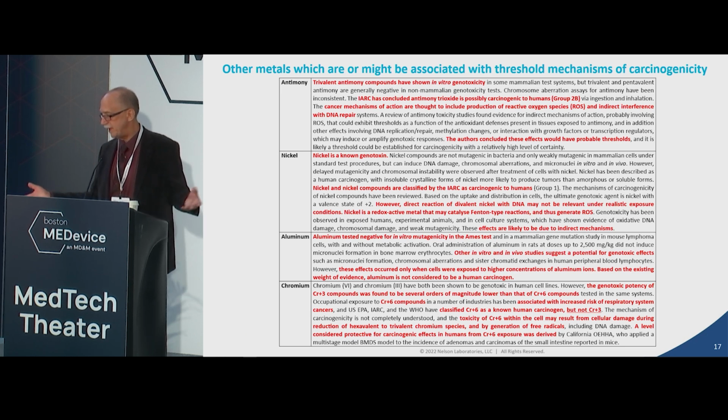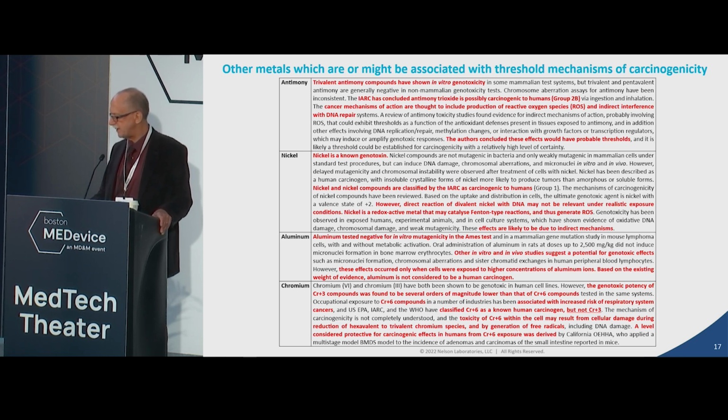On the opposite extreme, you have aluminum. It's a household item. It's generally considered safe. Nobody has classified it as a carcinogen, but there have been some in vitro and in vivo studies that suggest a potential for genotoxic effects, such as micronuclei, even though most of those mutagenicity tests were negative, like the Ames test.